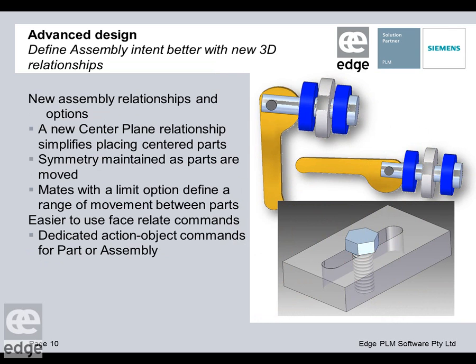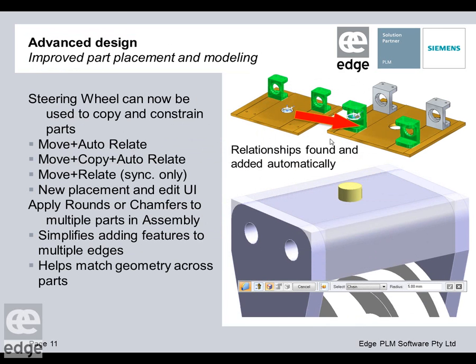In assembly, we've added some new relationships, most noticeably a center plane relationship, and we've done a lot of work in the fasteners area to allow you to place bolts in slots automatically and refine that whole area. We'll see that again in a demonstration.